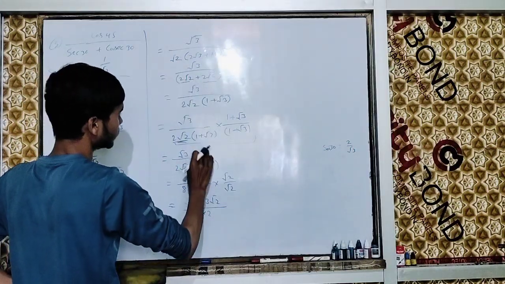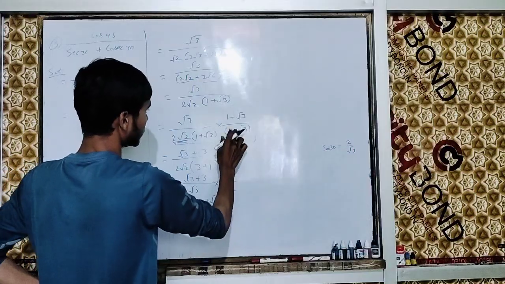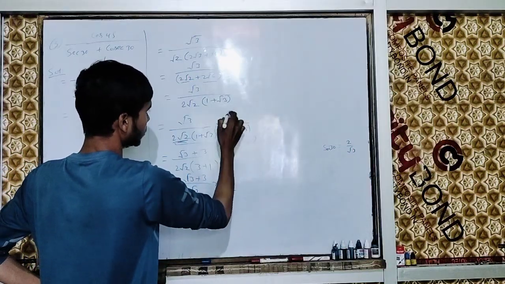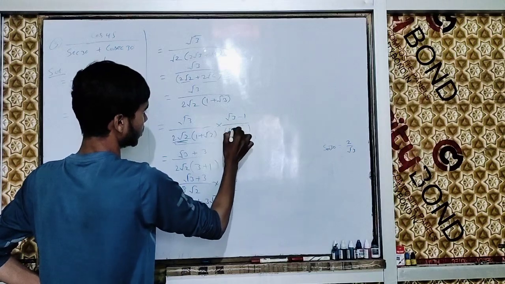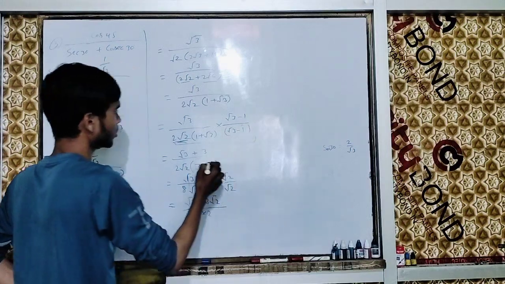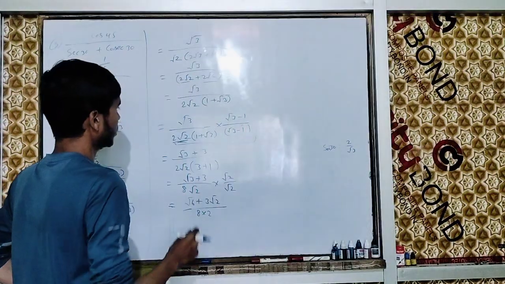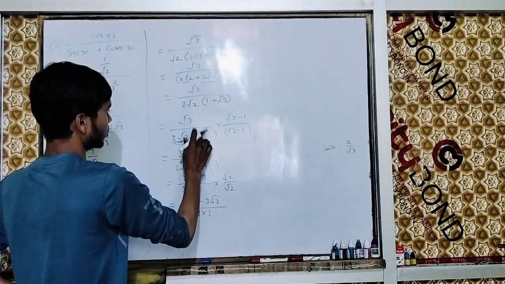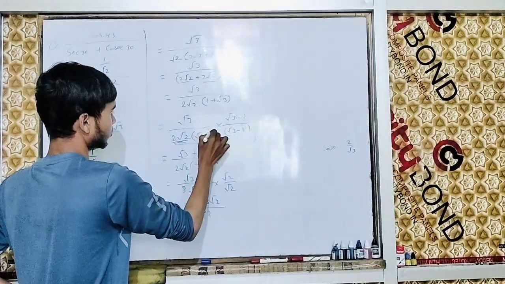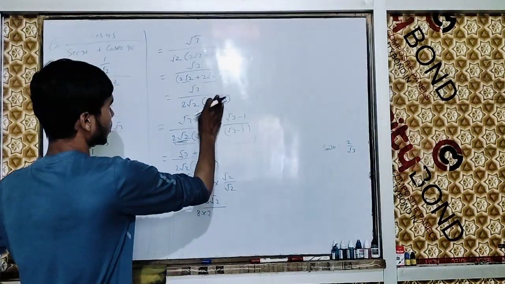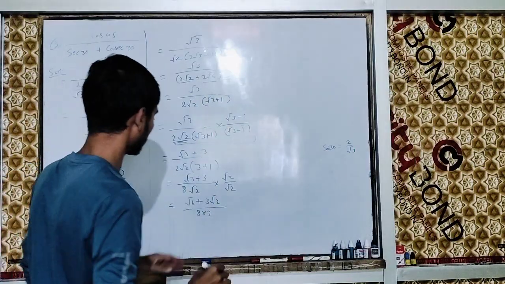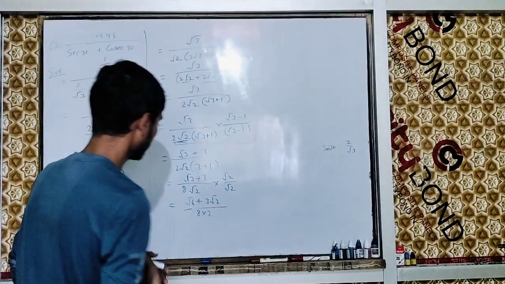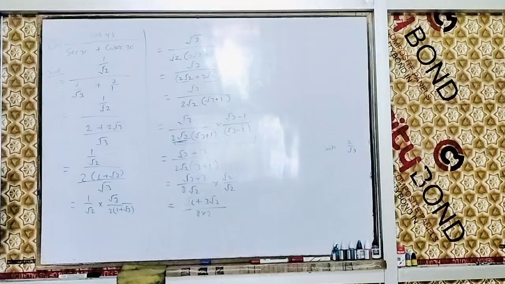Total here this is minus, but here root three minus one, root three minus one, root three plus one, root three plus one. Okay. We are crystal clear here.